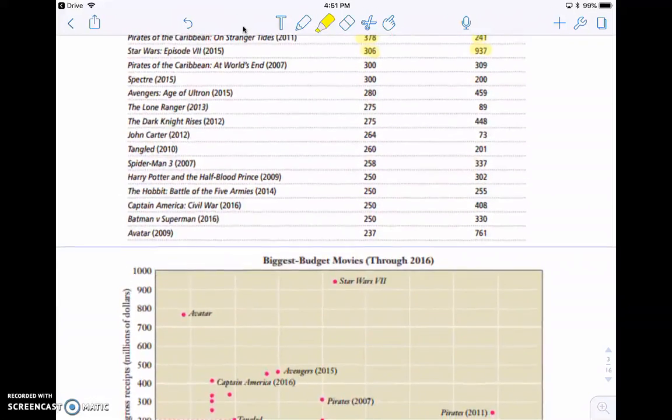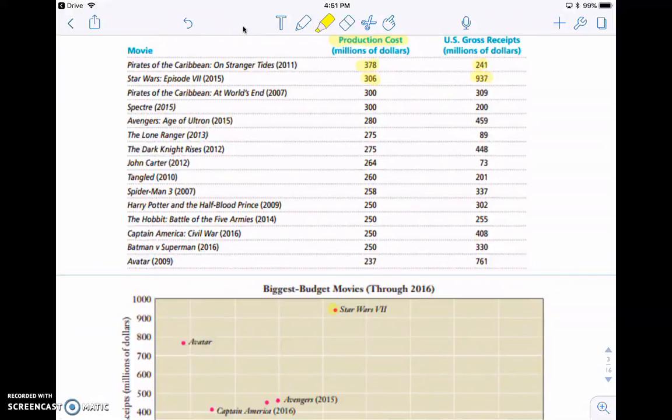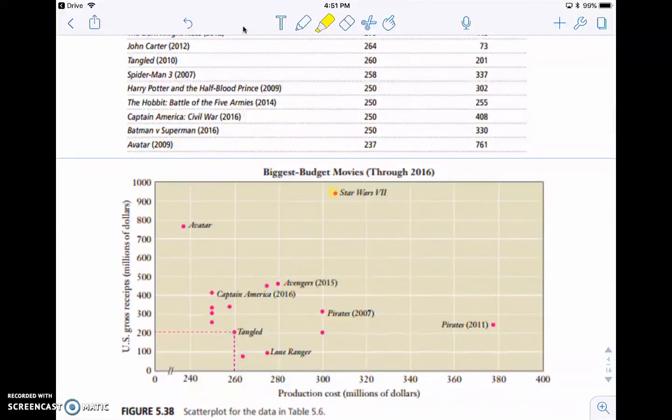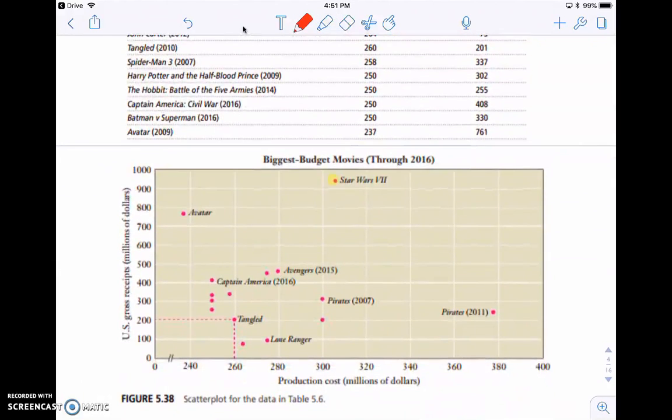So if you notice, coming down here, here's Star Wars right here. For Star Wars, we came across to about $306 million to produce this film, and about $937 million. So they come together at this point on our scatter plot.